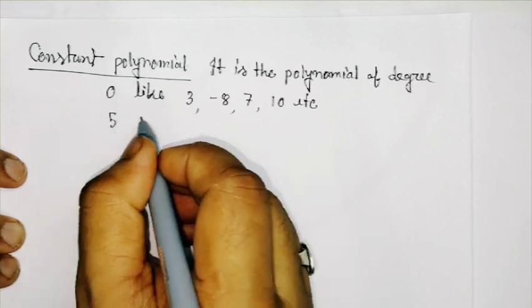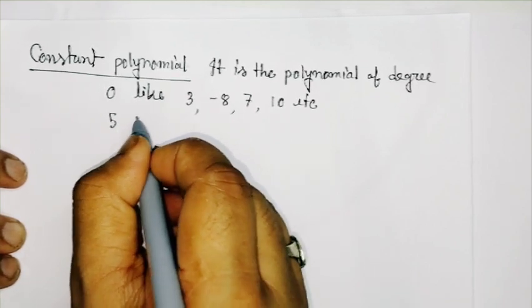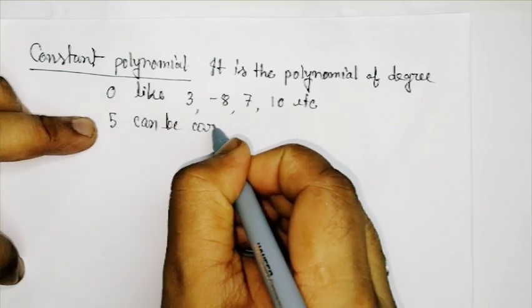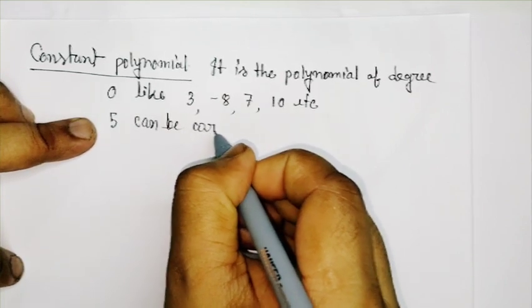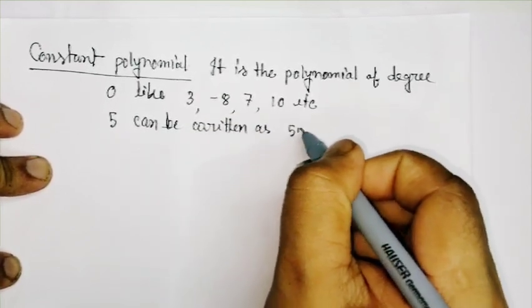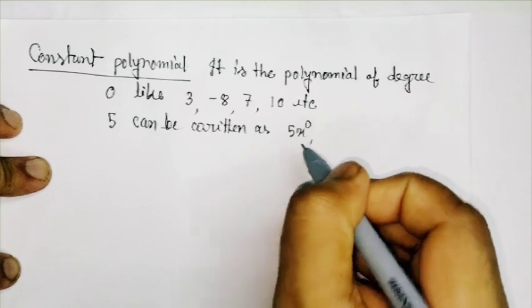Suppose the constant polynomial 5 can be written as 5x to the power 0, that means any number to the power 0 is 1.